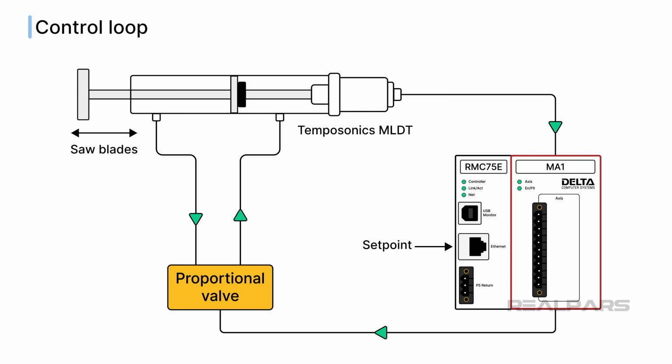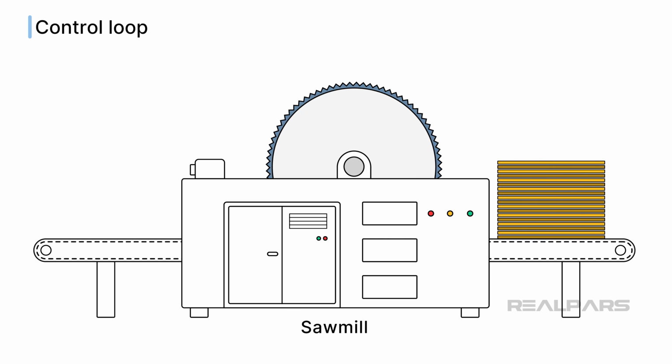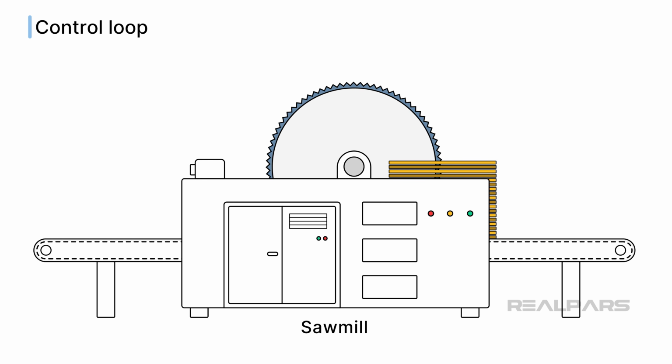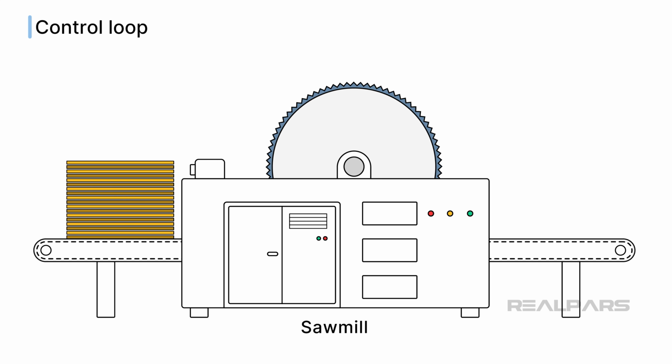The hydraulic proportional valve moves the saw actuator to the desired position. As you can imagine, this action needs to be precise and occur in the blink of an eye. Having the saw in the right position is essential, and any deviation from the target position could result in defects or worse. That's enough for now.